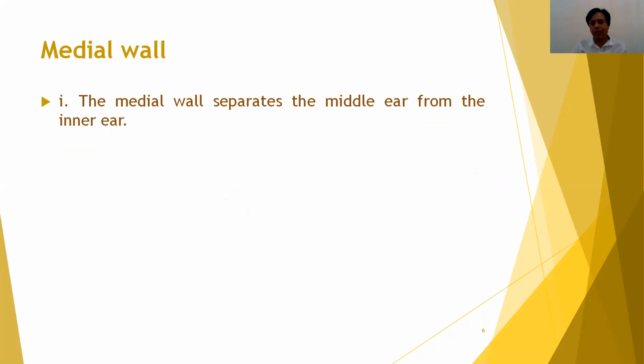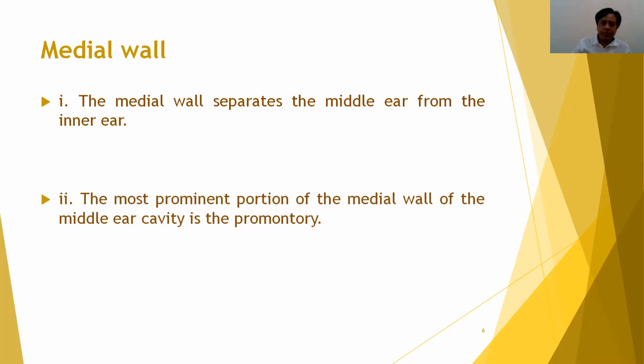Then coming to medial wall. The medial wall separates the middle ear from the inner ear. The most prominent portion of the medial wall of the middle ear cavity is promontory.